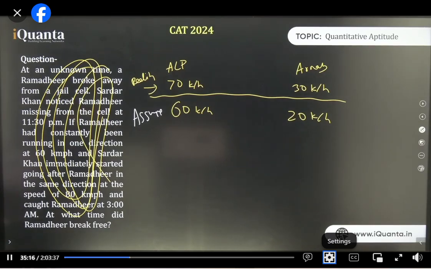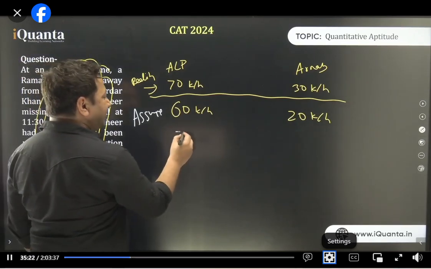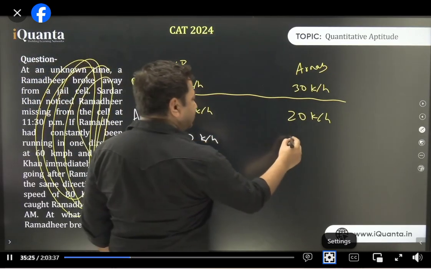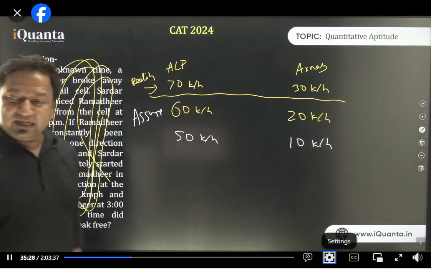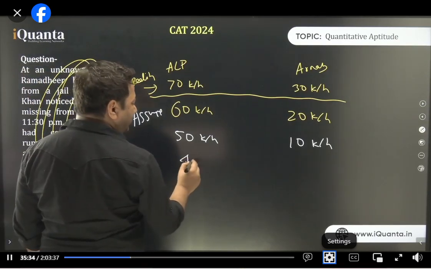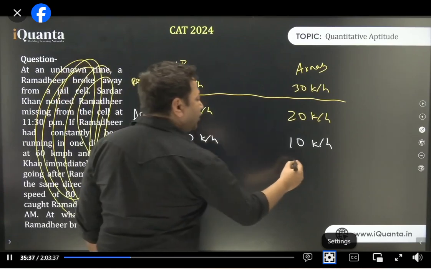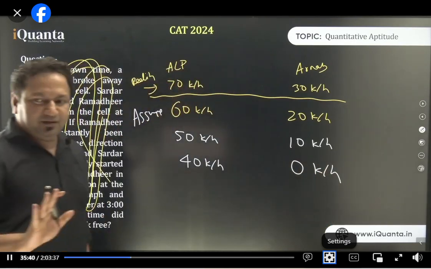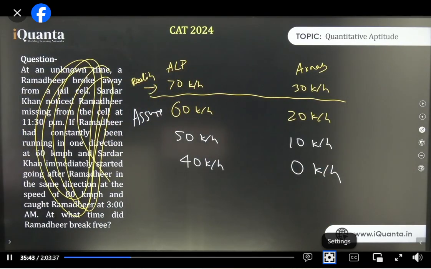Can I say I am traveling at 50 and Arnab at 10? The relative speed is still the same between us. What if I am traveling at 40 kilometers per hour and Arnab is not moving at all? He is stationary.